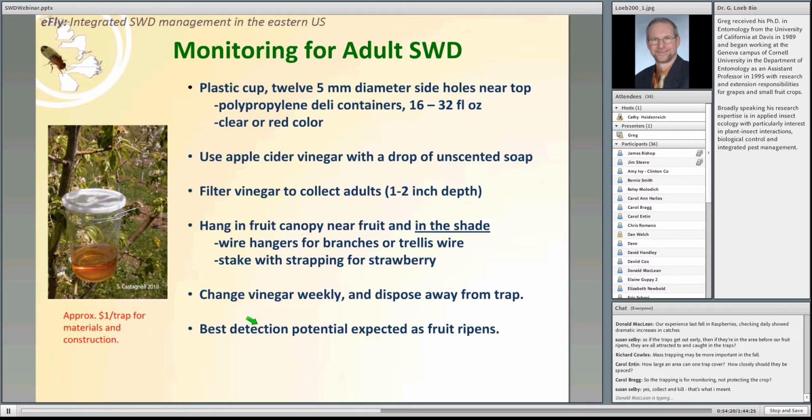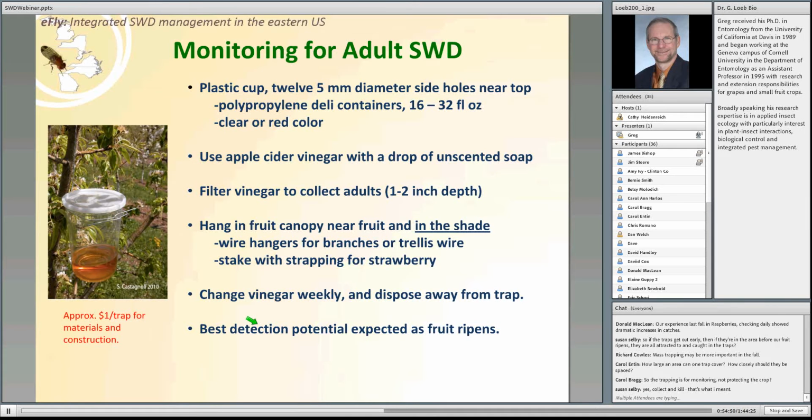I don't have specific data, but I'm going with 10 to 20 meters apart for our traps when we're putting multiple traps in a field, just so they're not kind of competing with each other. But again, we haven't done the experiment to test what that optimal sphere of influence is for a particular lure.